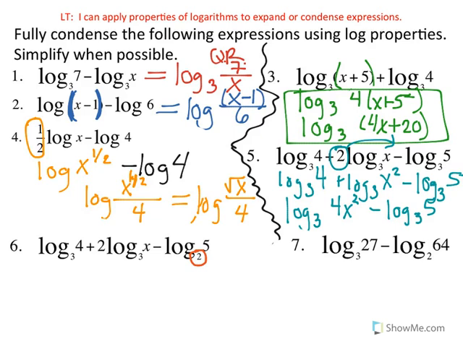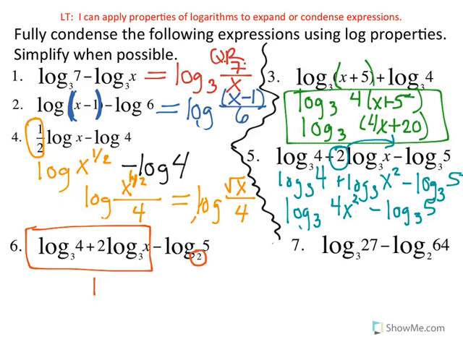Okay? So what can I do on number 6? Okay? What are my options? Okay? What I do see is there's a log base 3 of 4 plus a 2 log base 3 of x. So those 2 logarithms have the same base. Okay? And from number 5, we already know what to do there.